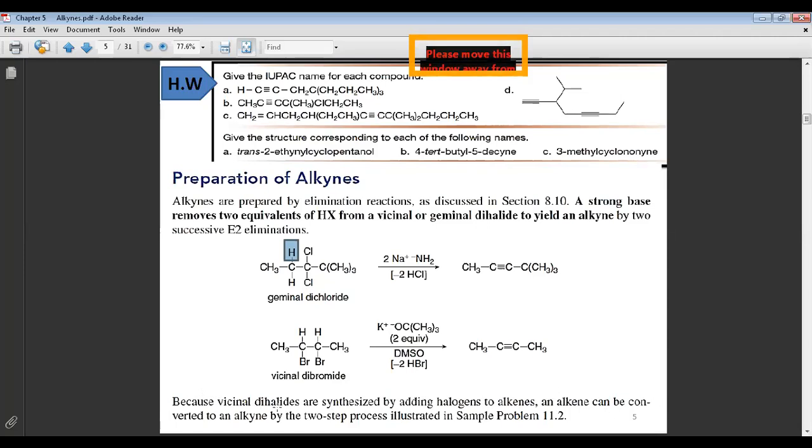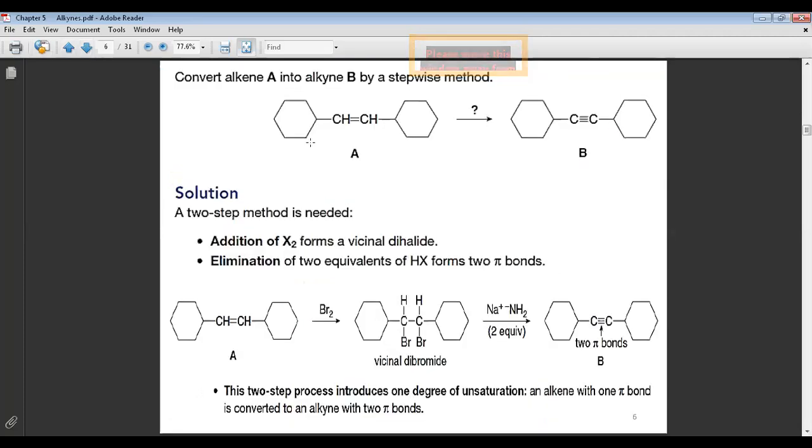Alkene can be converted to the alkyne by using elimination reaction like this. Now look, if you have a double bond, how can you convert the double bond to the triple bond?